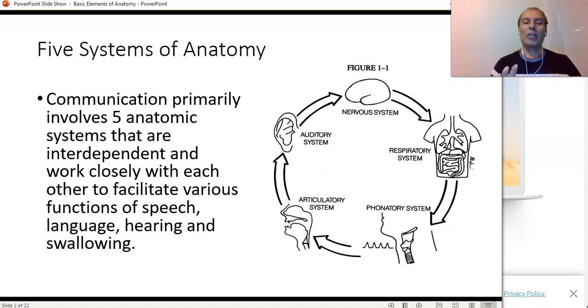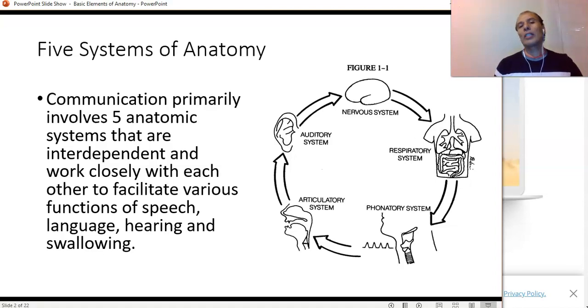These are the 5 systems out of all the systems of the body that enable us to speak and to receive, or to basically communicate, whether by receiving language and processing it, or by expressing language and communicating it to others.